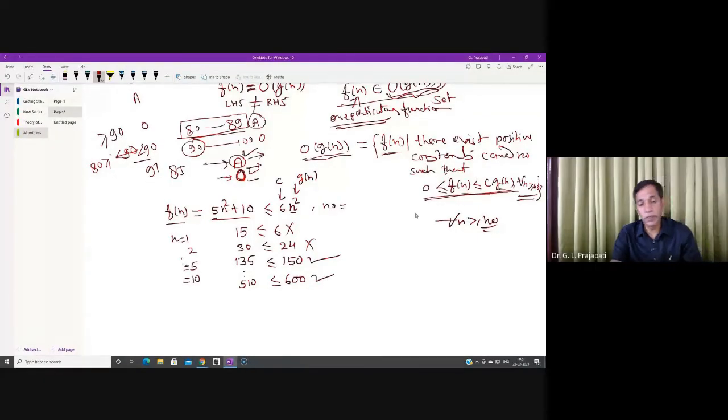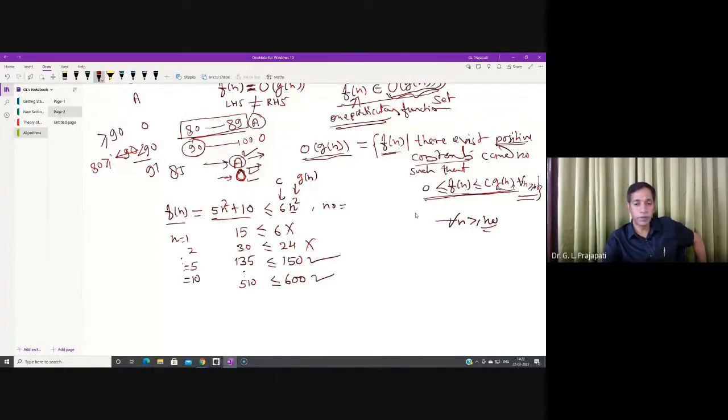This still holds true. Roughly we have come to know that it may hold for 4 also, and this says that there exists a positive constant. If you have determined just one positive constant that satisfies the condition, then it will go through.